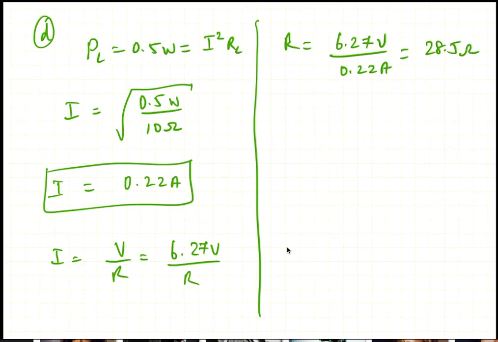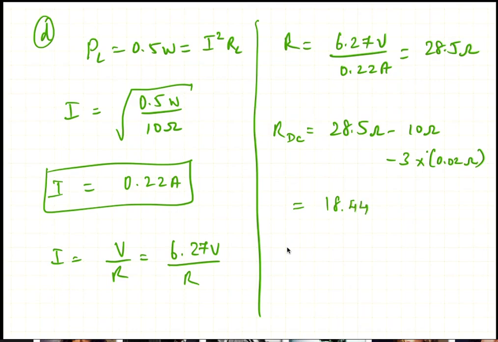Okay, and so the resistance of the dry cell would be 28.5 ohms minus 10 minus 3 times the internal resistance of the other batteries, or 0.06, which is 18.44 ohms.